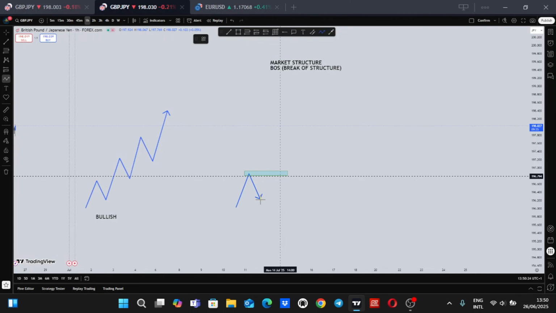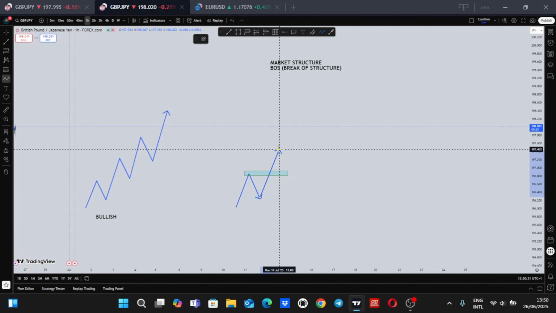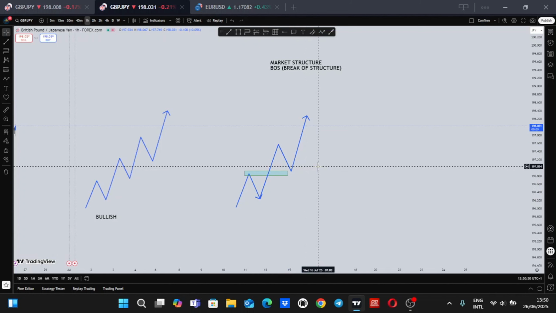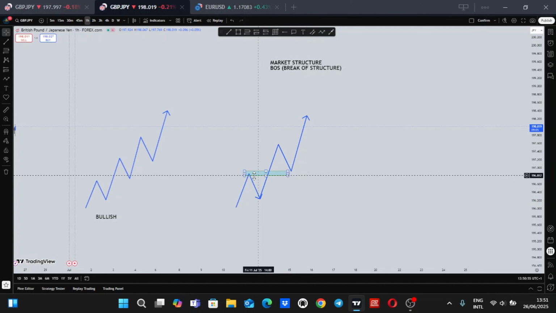Once the market pushes back up and breaks this level, it becomes a break of structure. That means the market is about to continue the bullish trend, so there will be a pullback to any significant point of interest around here and it continues the bullish move. This is known as the break of structure.